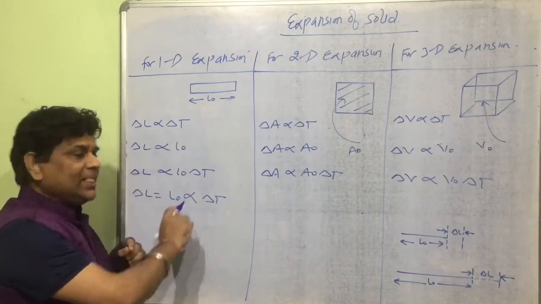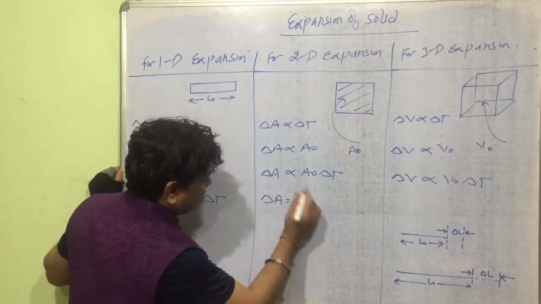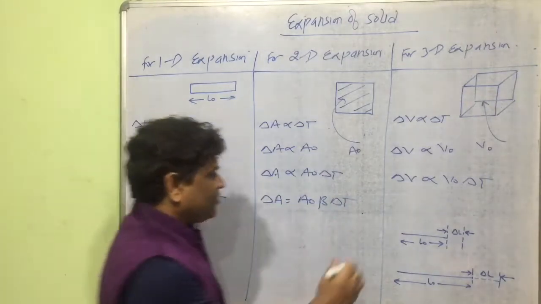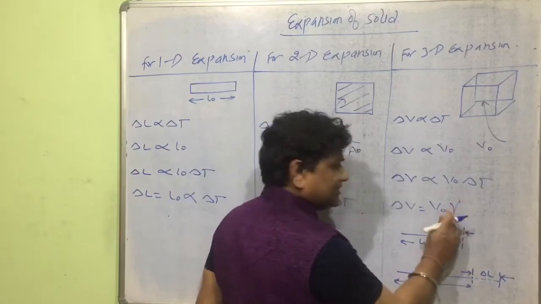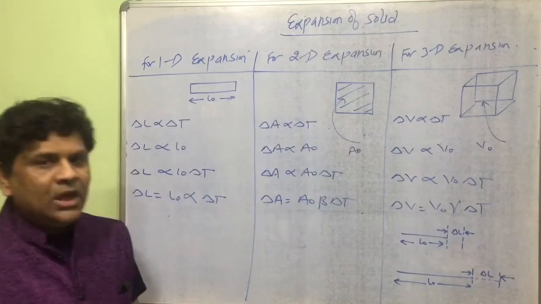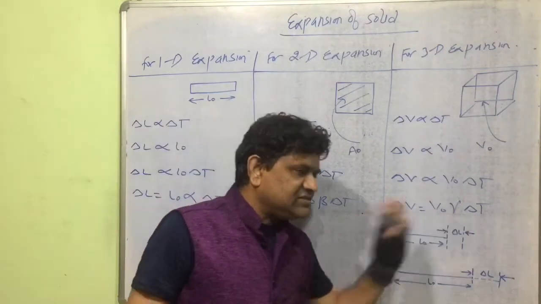ΔA equals A₀ times a constant β times ΔT, and ΔV equals V₀ times another constant γ times ΔT. Now the question arises: what is alpha, what is beta, and what is gamma?